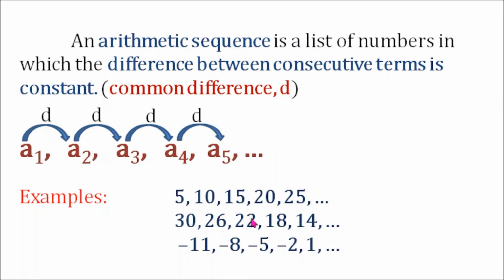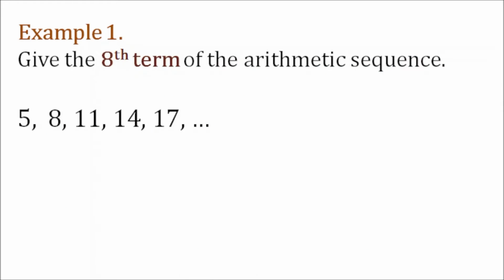Between 26 and 22, that's -4 also, and so on. And for example number 3, the difference between -11 and -8 is 3. Between -8 and -5 is also 3, and so on.